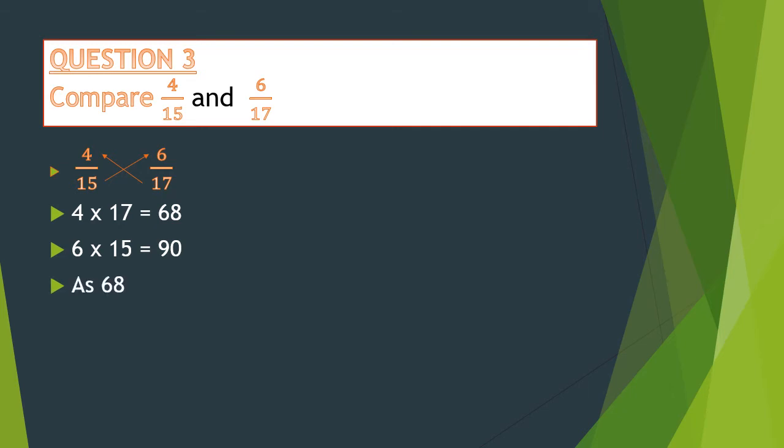As you can see here, the products are unequal and 68 is less than 90. So 4 upon 15 is less than 6 upon 17. We took out the answer of which fraction is greater and which fraction is smaller. This was the first method. The second method is to convert the fractions into like fractions, then compare the numerators and find out the answer.